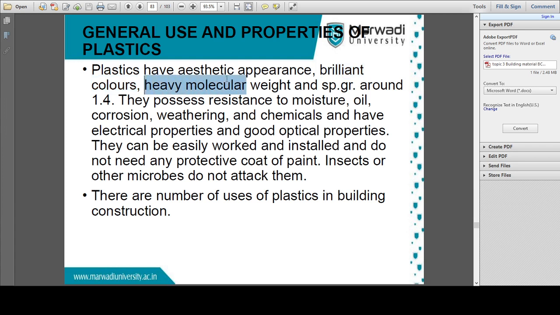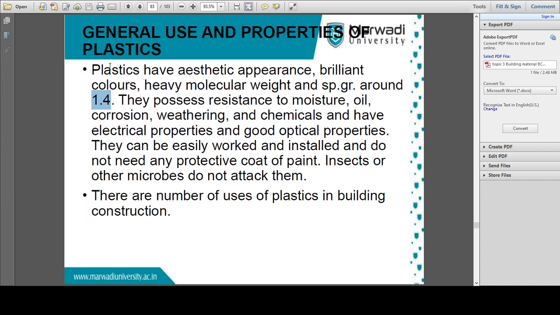It has heavy molecular weight, right? Sometimes in mechanical applications, just like a car, we use plastic too, but we give it the name of fiber. Fiber is a modified type of plastic which has a good structural arrangement. So it has heavy molecular weight and the specific gravity will be near about 1.4.